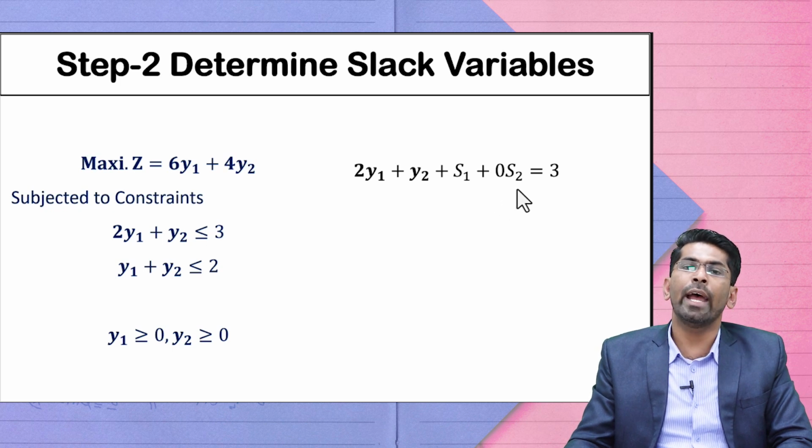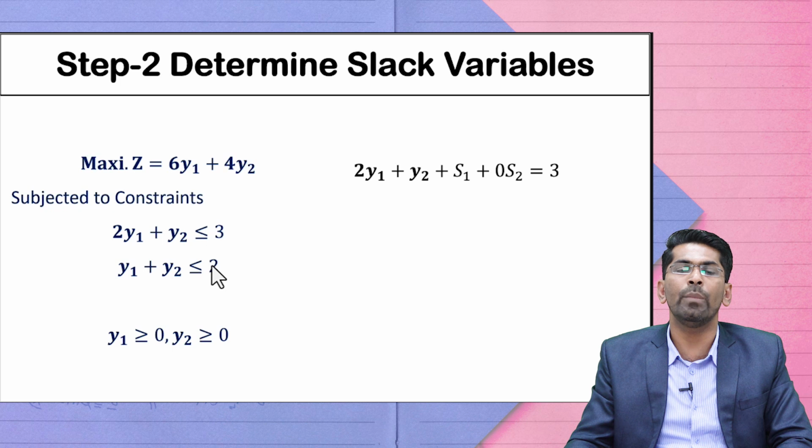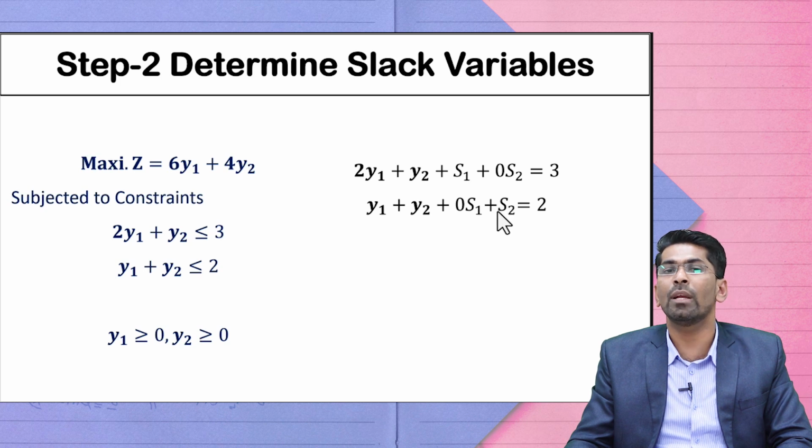We add s1 and s2 here, providing coefficient 1 for s1 in the first constraint and 0 for the second slack variable, so it is 0 s2, and converting the inequality sign into the equality sign, it is equal to 3. Similarly, the second constraint, y1 plus y2 less than or equal to 2, becomes y1 plus y2 plus 0 s1 plus s2. The coefficient of s2 becomes 1, and converting the inequality sign into equality, it becomes equal to 2.